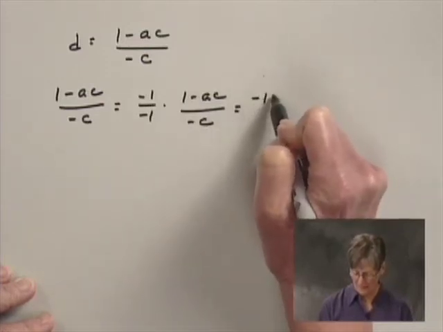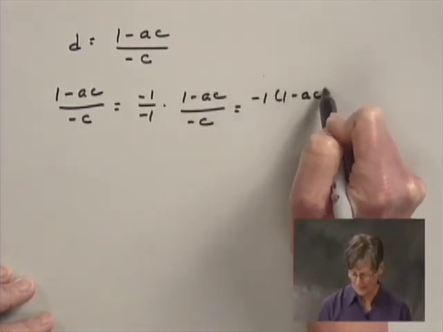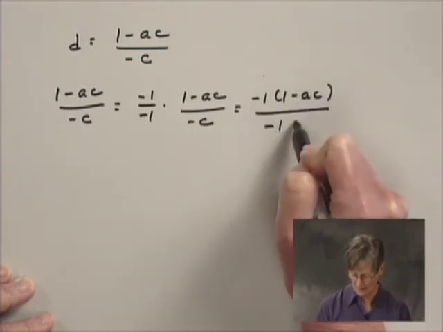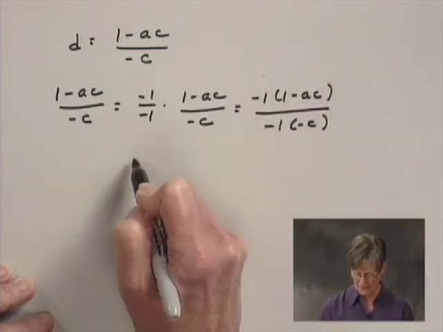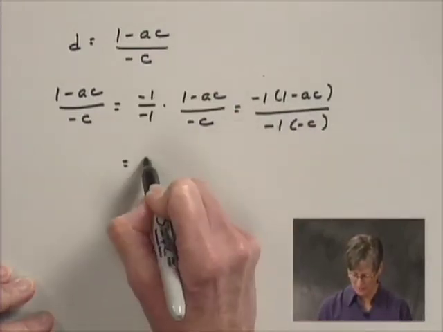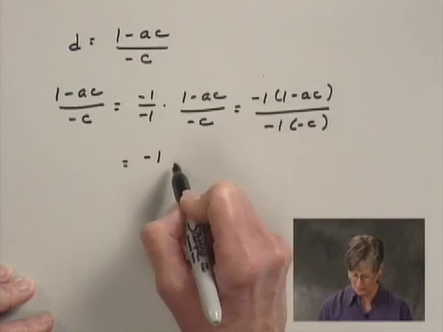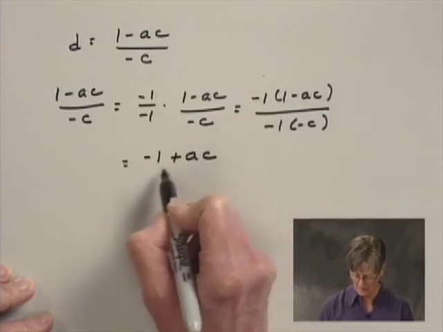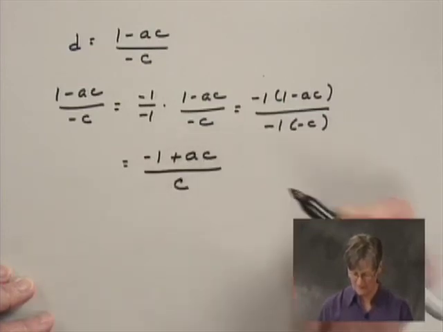Then I have negative 1 times 1 minus ac over negative 1 times the opposite of c. When I do this multiplication in the numerator, I'm going to get negative 1 times 1, which is negative 1, and the second multiplication gives me plus ac. And in the denominator, I have c.